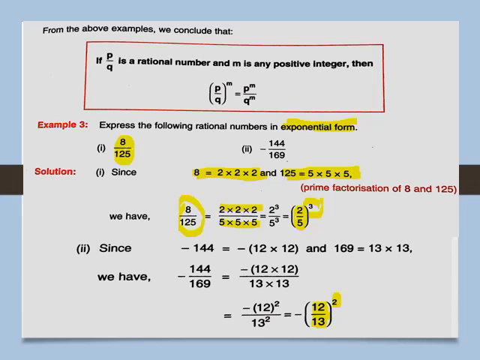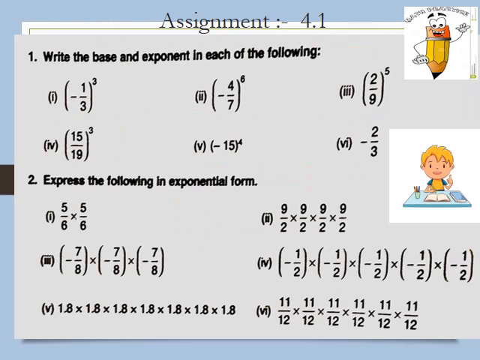So it is nothing but minus 12 upon 13 whole raised to the square. We can write the minus sign outside the bracket also. So in this way we can convert the rational number into the exponential form.